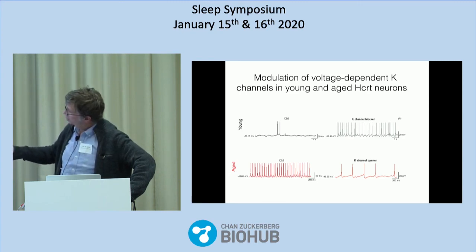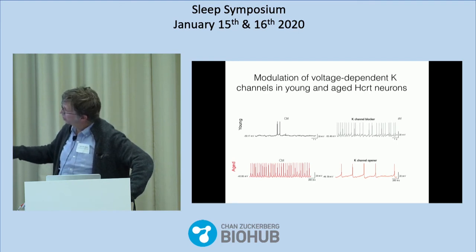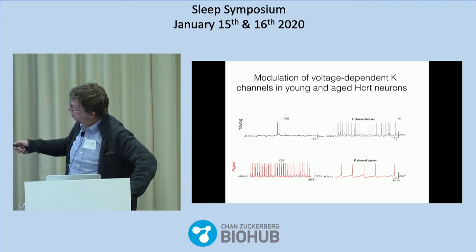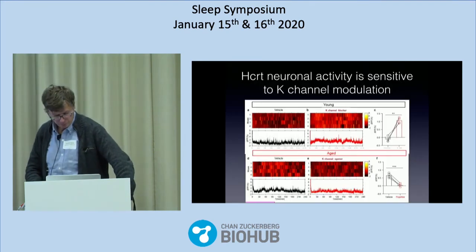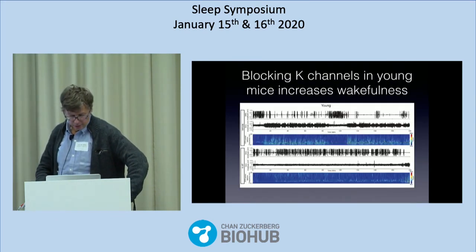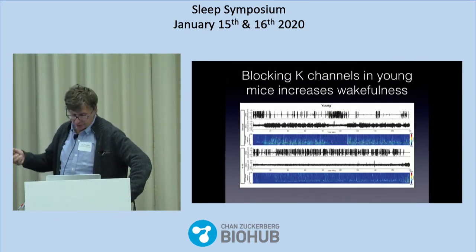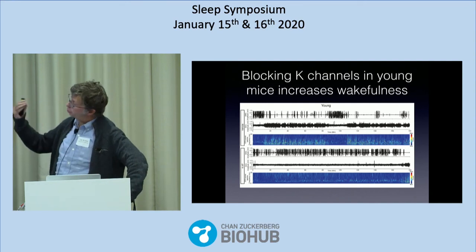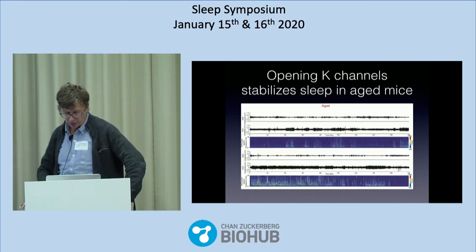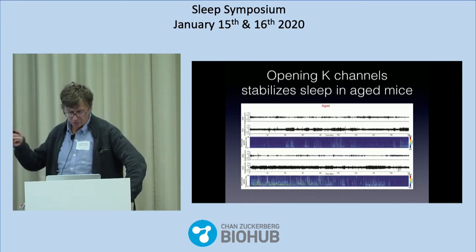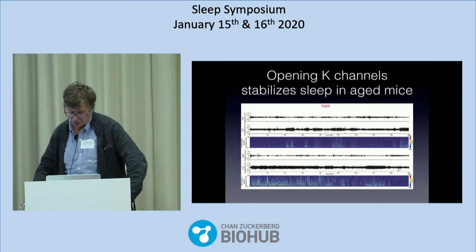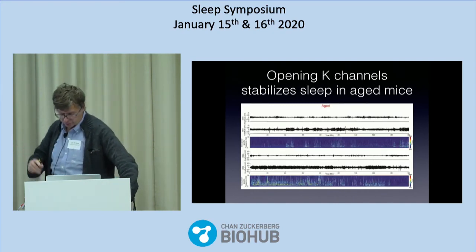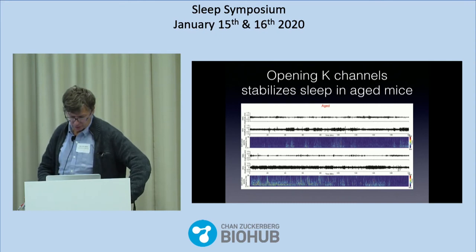When we treat these slices with a potassium channel opener, we sort of rejuvenate their firing profile. And this also happens in vivo. So when we treat young animals with potassium channel blockers, we disrupt sleep. And treating aged animals with potassium channel openers rejuvenates their sleep and consolidates it, reducing fragmentation.